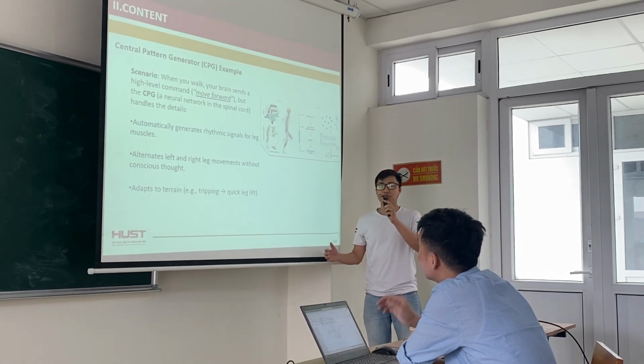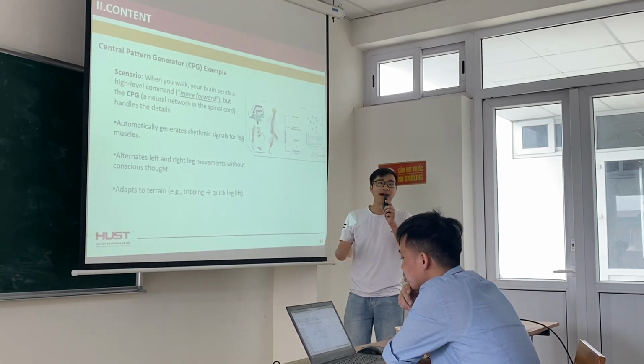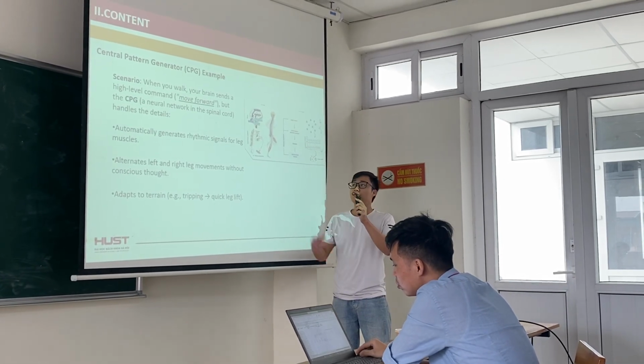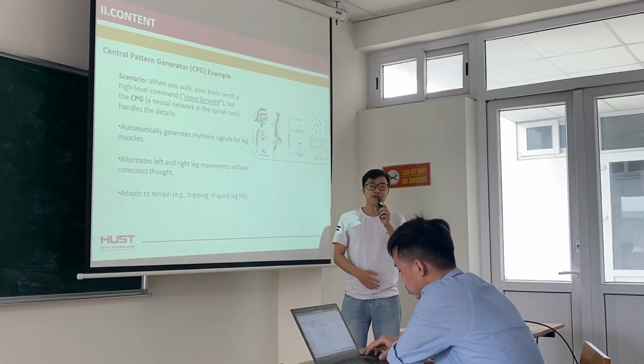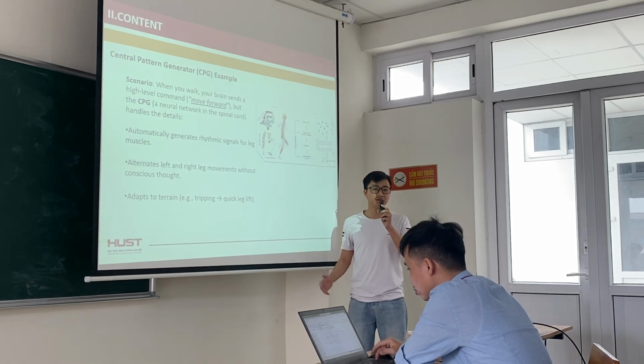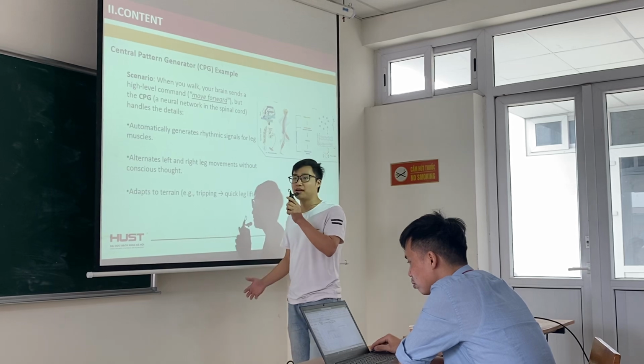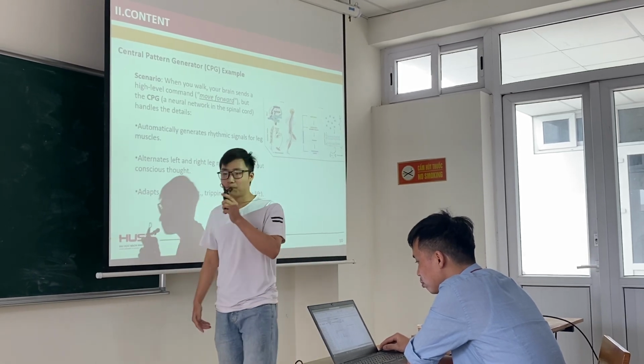For example, when you walk forward, your brain just sends a high-level command to move forward, and the spinal cord coordinates the motion autonomously. Your left leg steps, your right leg steps, and it repeats. This is like a loop.